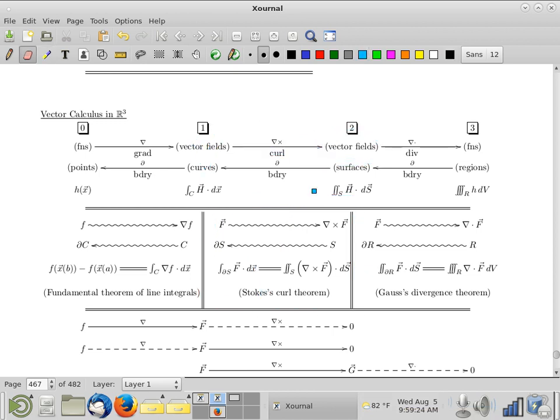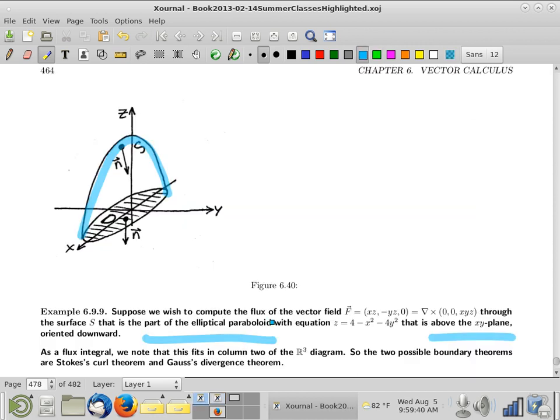Again, I have the anti-curl. The flux that I'm trying to compute, I'm going to do a line integral of the anti-curl around the boundary curve. The boundary curve is this.